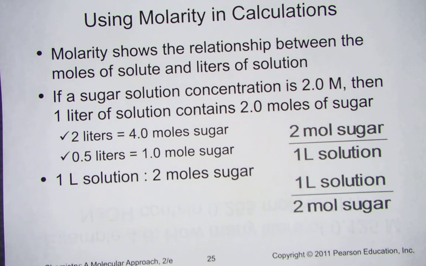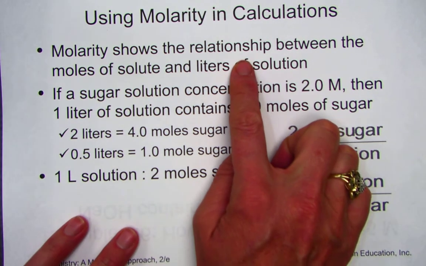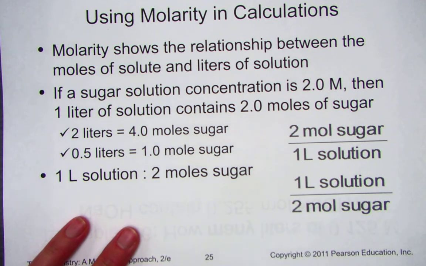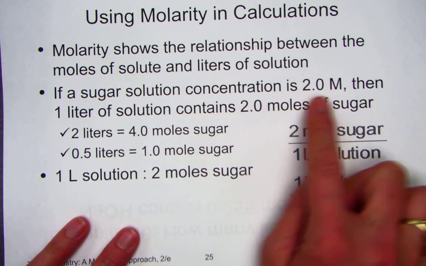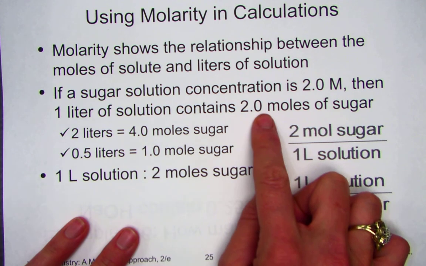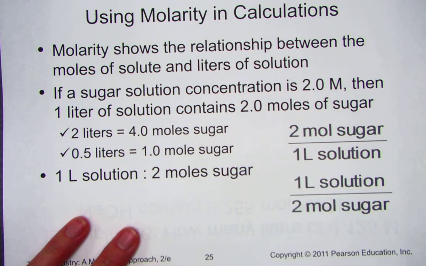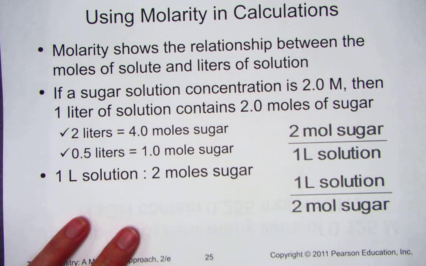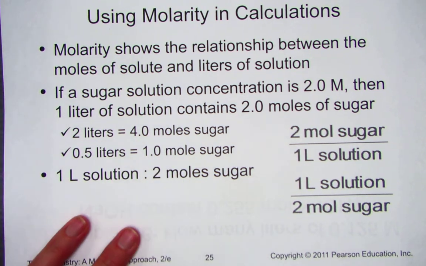Using molarity in calculations, what it's doing is showing the relationship between moles of solute and the liters of solution. If I see 2 molar, the solution contains 2 moles of sugar for every liter of solution. If I had 2 liters, it'd be 4 moles for that volume of solution.